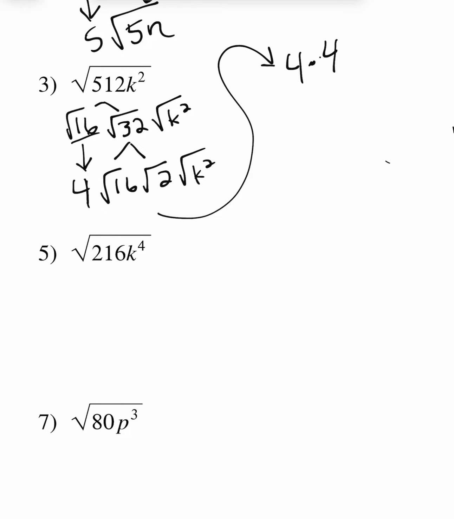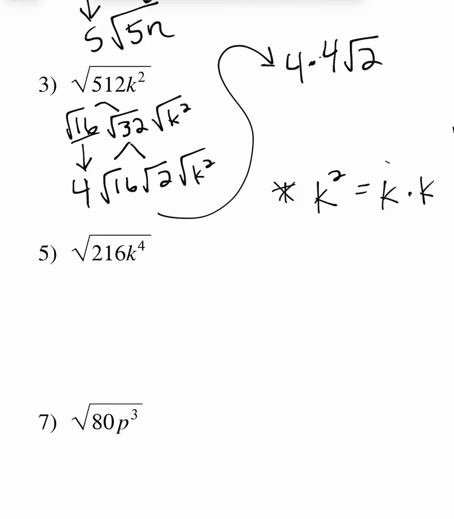But now we still have a radical 2. Nothing in our menu is going to go into that radical 2, so it's going to have to stay in the house. But what is the square root of k squared, right? If we take a little side quest here, we know that k squared equals k times k.